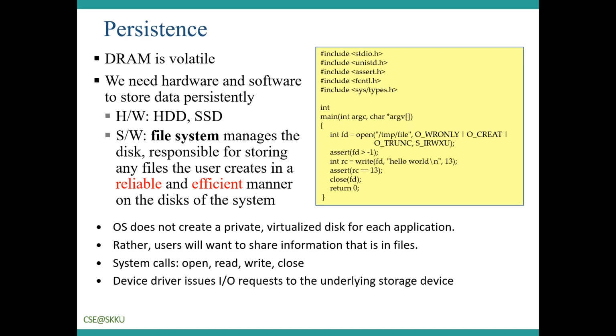It opens the file, or it can create a new file if the file doesn't exist. The second one is write. It writes some data into the open file. The last one is close. It closes the file to tell the OS it's done writing.